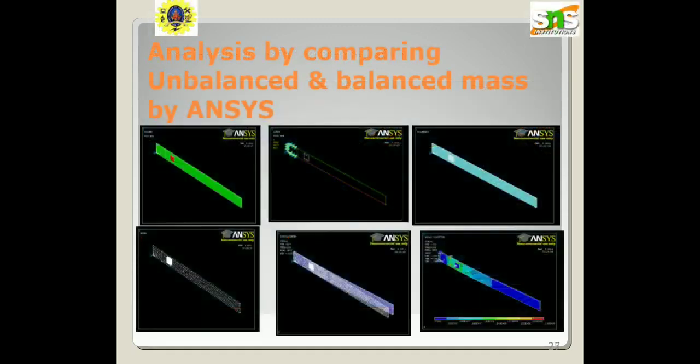This is the analysis comparing unbalanced and balanced mass systems. Here it would be used for measurement of mechanical human sources and wind, and also using the vibrating body and what frequencies will be generated. This all will be done from this slide.